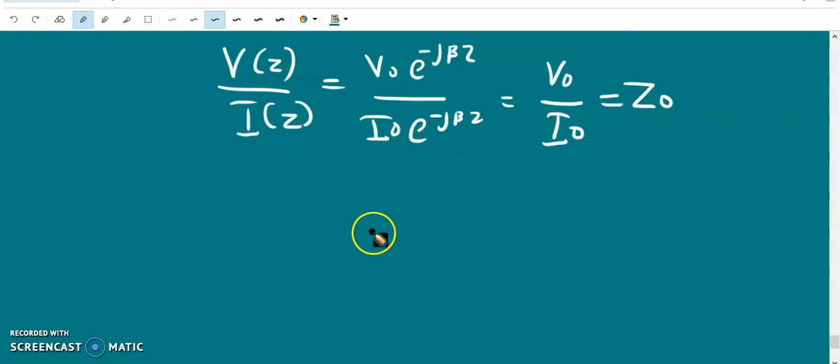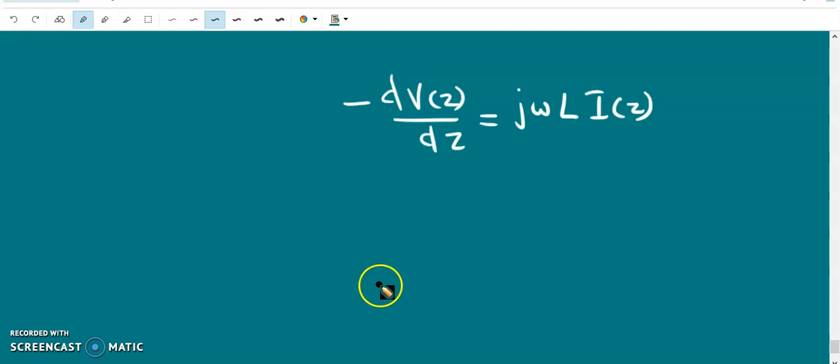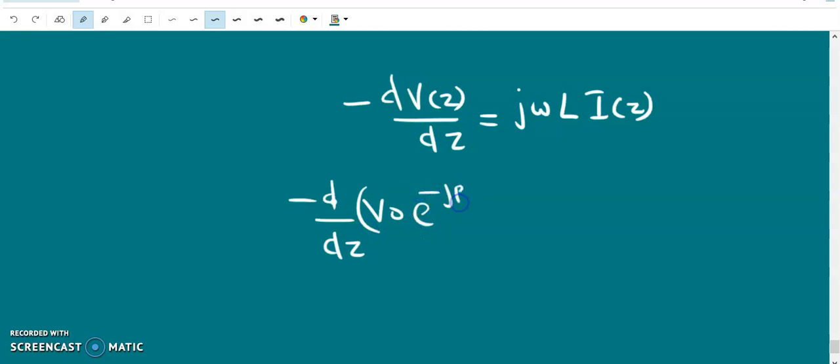Here I use the transmission line equation minus dV of z by dz is equal to j omega L I of z. So substituting over here, we will get minus d by dz of V0 e to the power minus j beta z is equal to j omega L I0 e to the power minus j beta z.